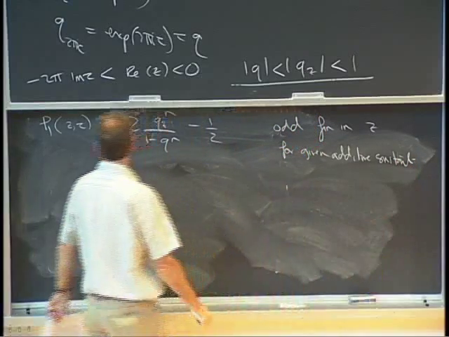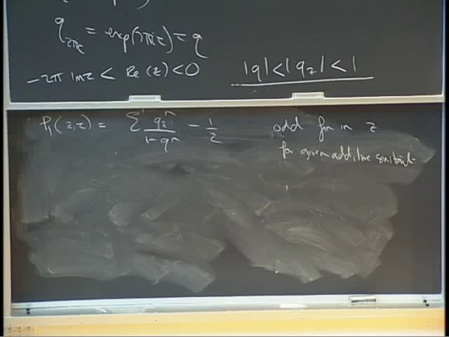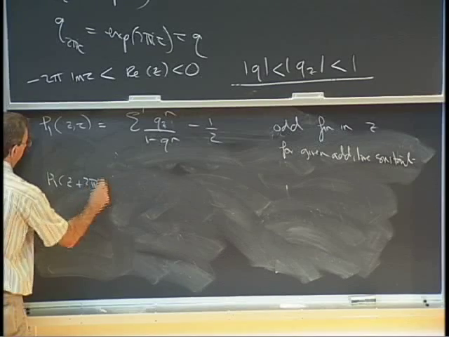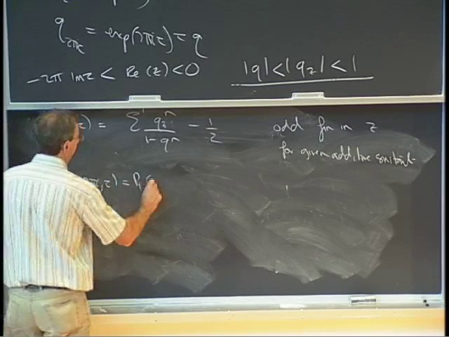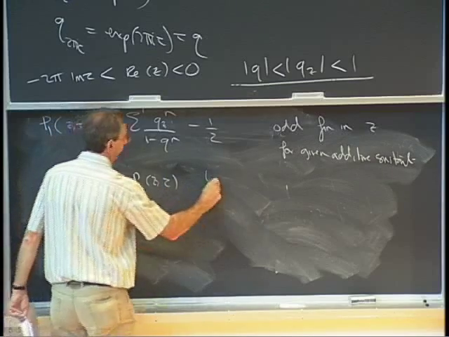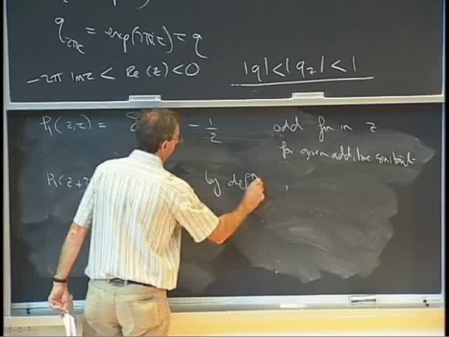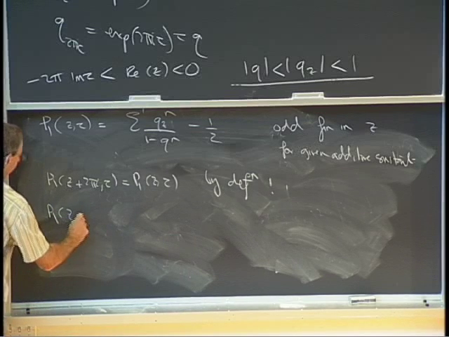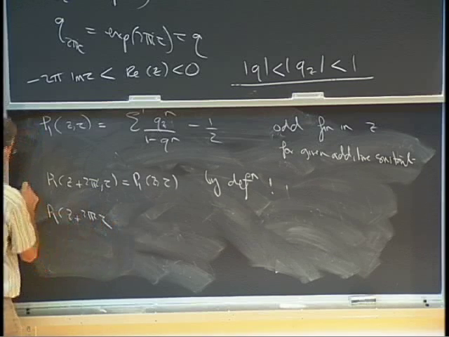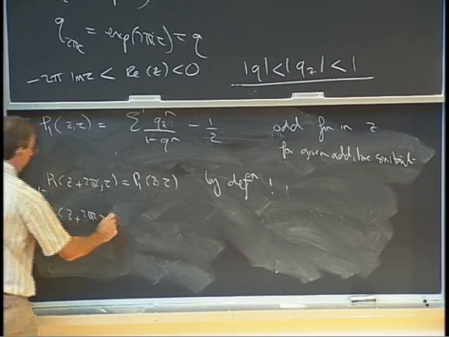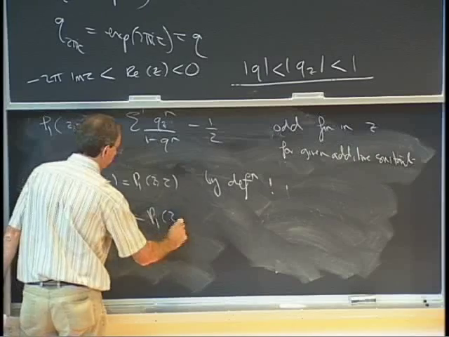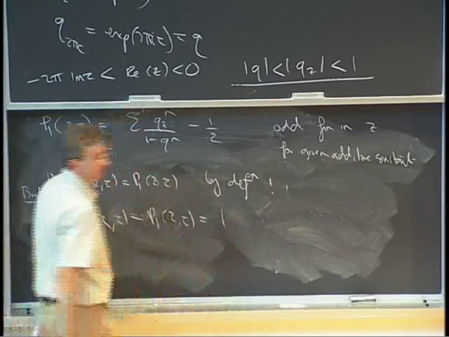This is a function of q z, so it's necessarily periodic in z by definition. But it's not periodic in 2 pi i tau. If you track it through more carefully, the difference under the shift is actually equal to 1.